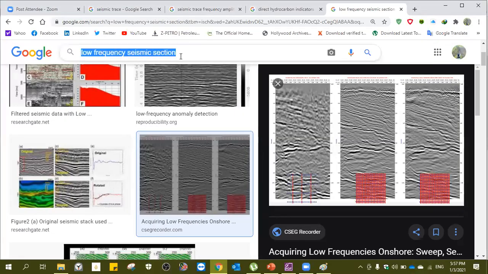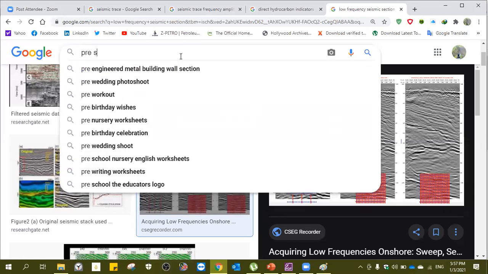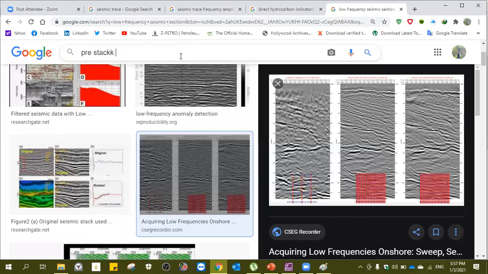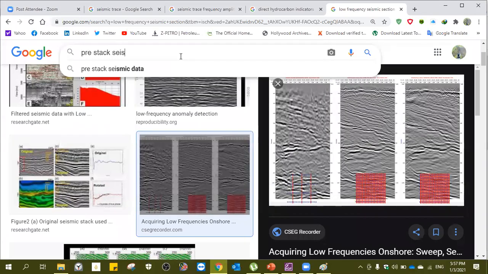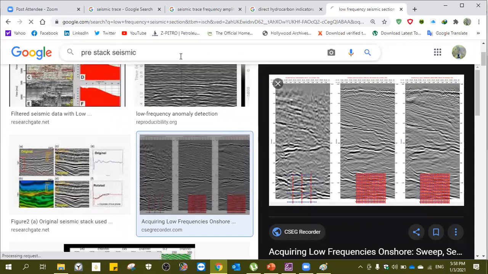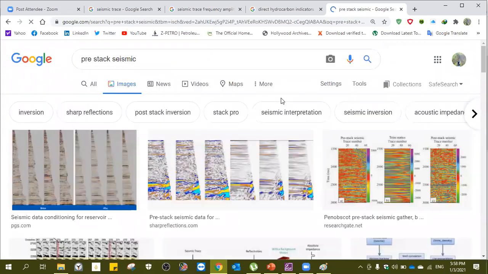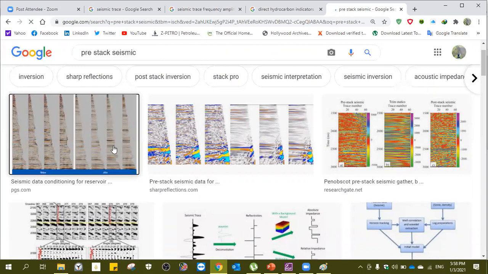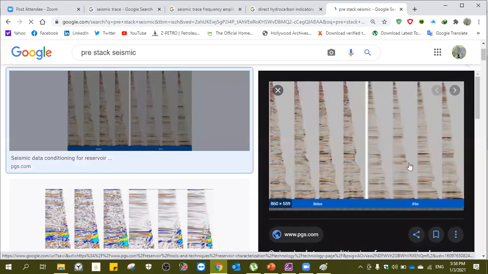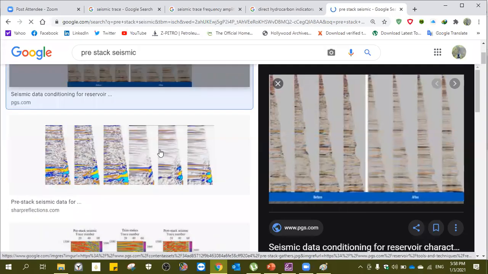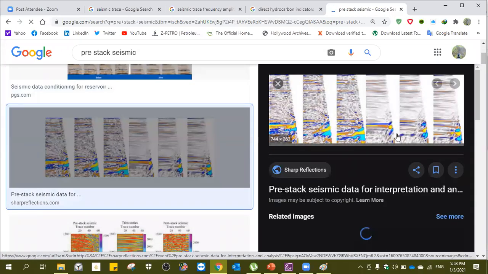So I'm going to show you pre-stack seismic. This one is basically pre-stack seismic. Your data set is not summed up. This one is your data set.